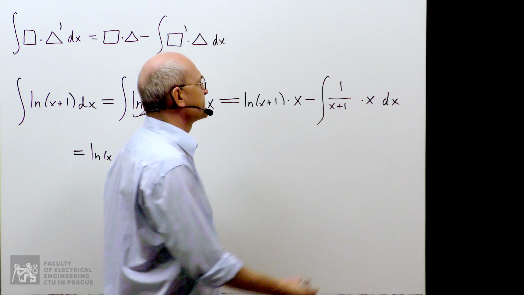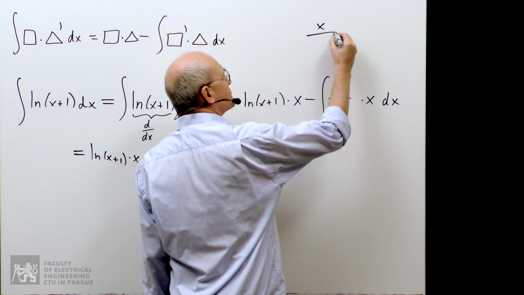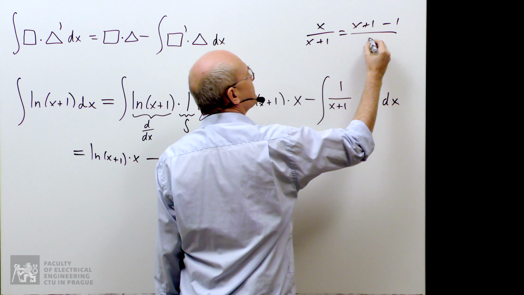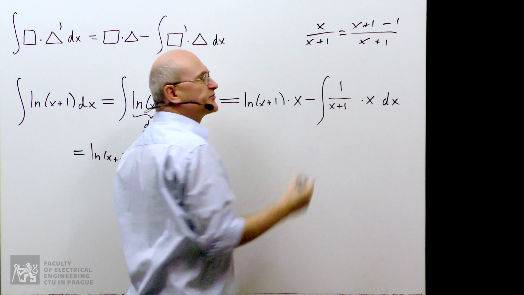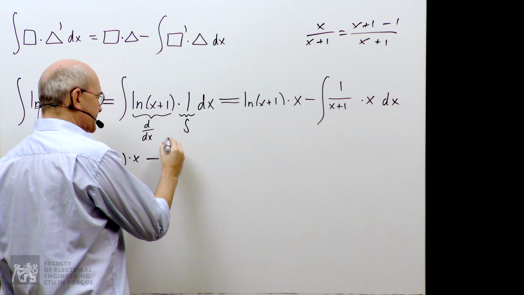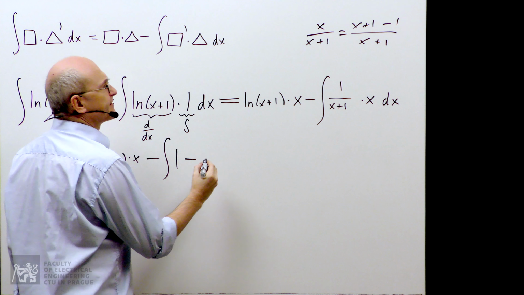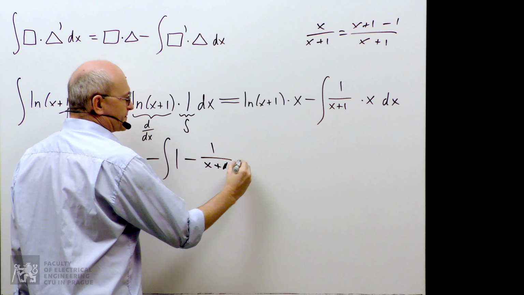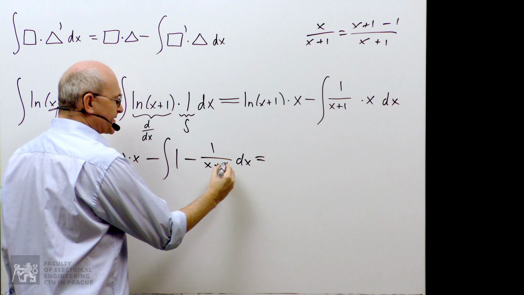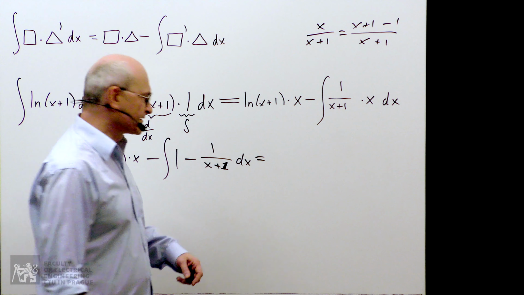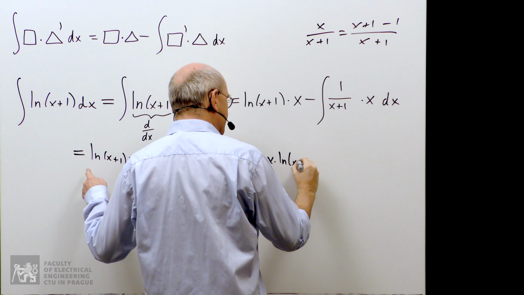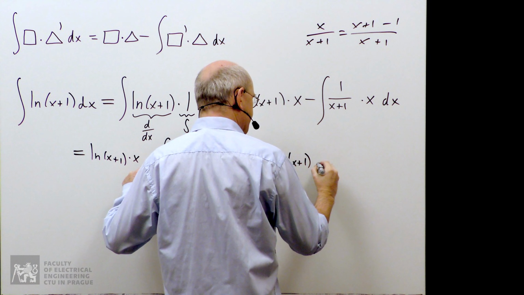Or, if you want, you can look at it this way. x over x plus 1 is just x plus 1 minus 1 over x plus 1. And then we divide. So it becomes integral 1 minus 1 over x plus 1 dx. And this integral is very simple. Let's go. x times logarithm x plus 1 minus.